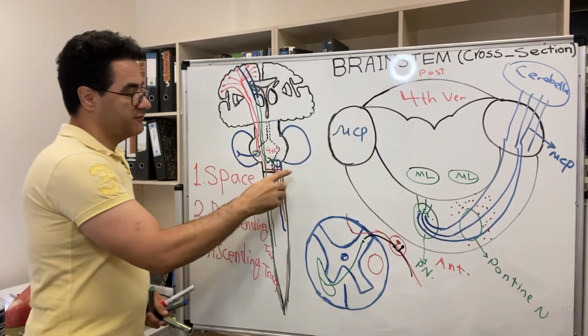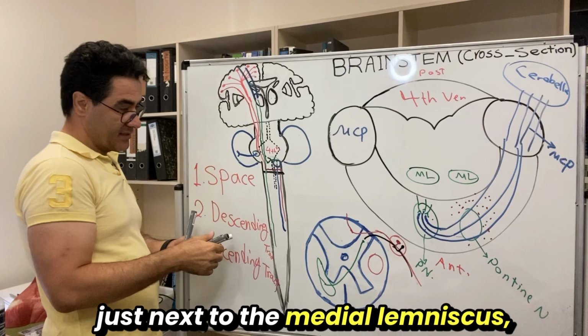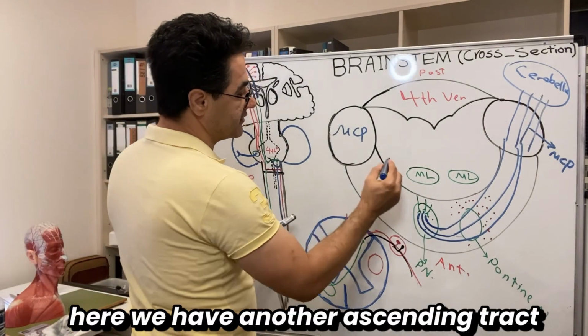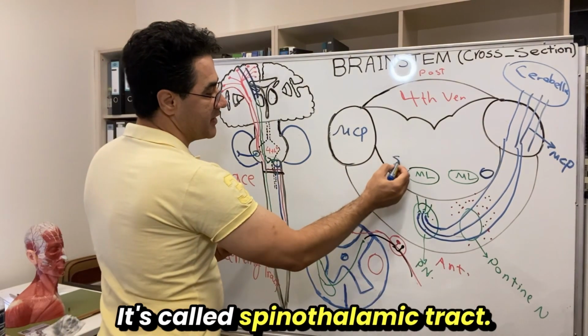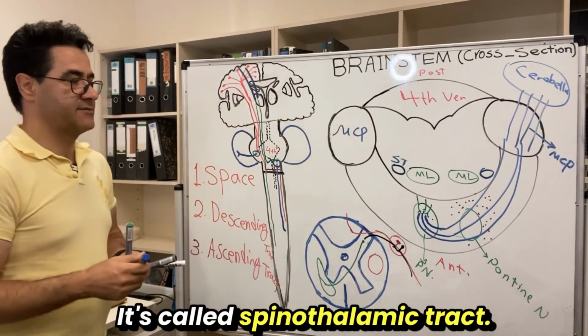So here, just next to the medial lemniscus, we have another ascending tract like this. It's called the spinothalamic tract.